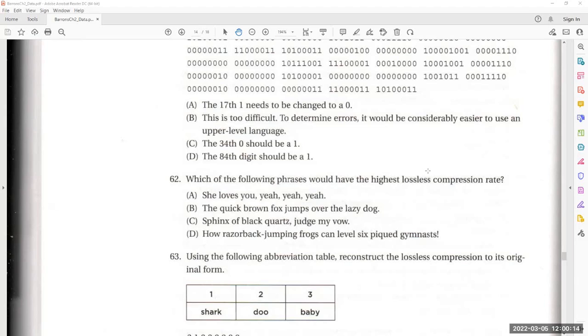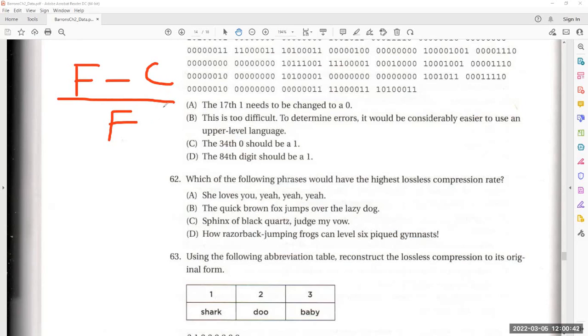Why is that? Because I guess it's the shortest. I don't know. No. Compression ratio doesn't compare the shortest. Compression ratio is the original file size minus the final compressed file size, divided by the original file size.